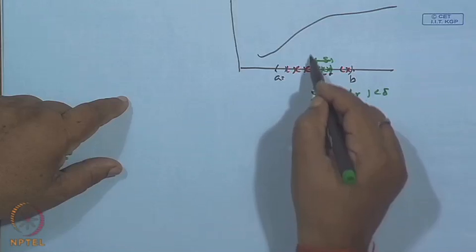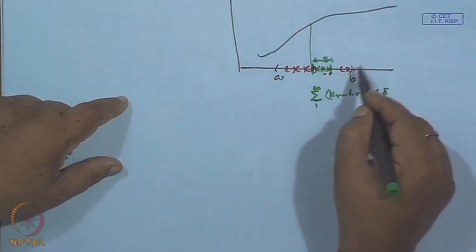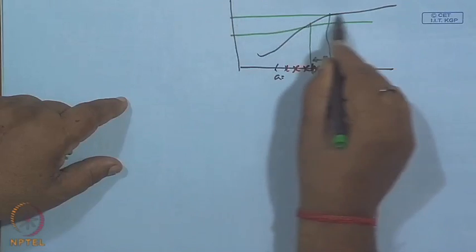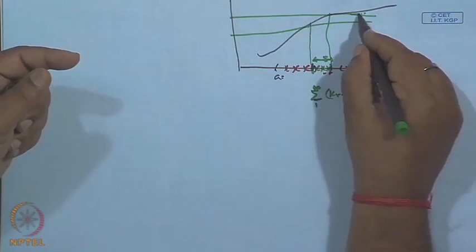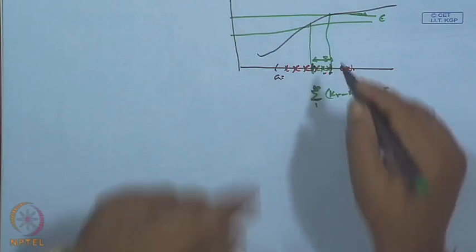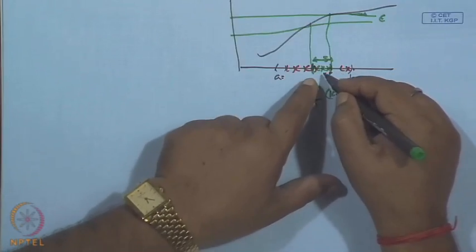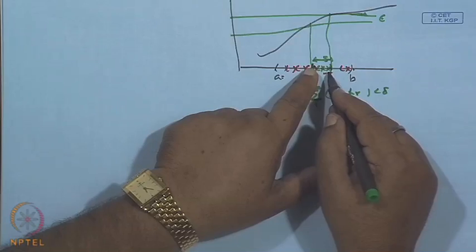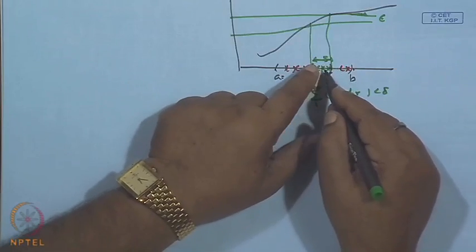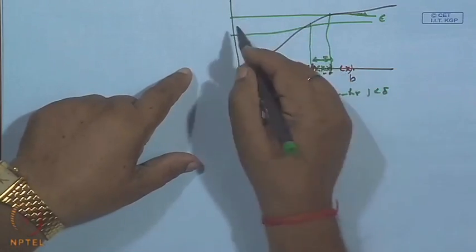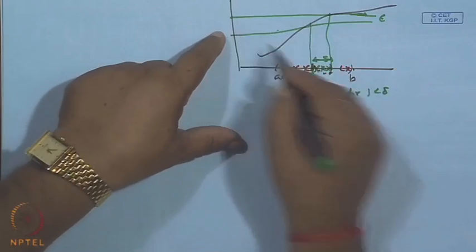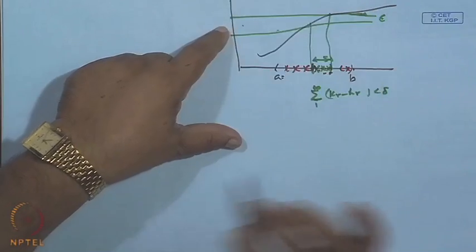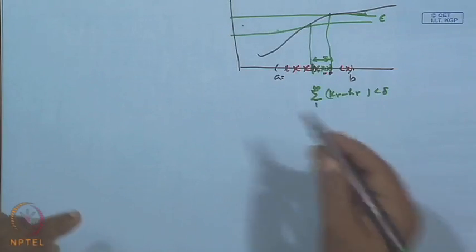So, for a given epsilon, we can find a delta such that whenever we have a countable number of non-overlapping intervals whose length is less than delta, then the corresponding total fluctuation over these sub-intervals should not exceed epsilon.